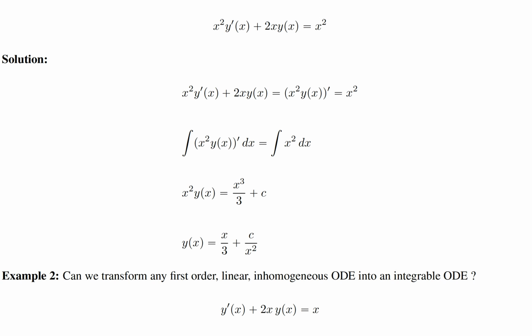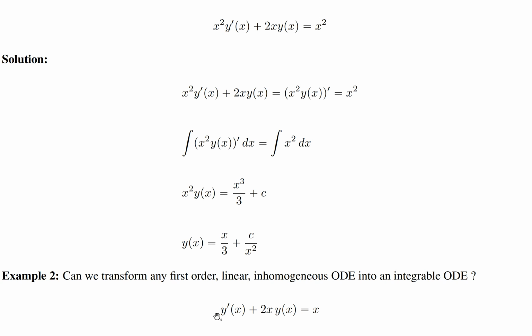So one way to transform my ODE into an integrable one is to multiply it by some function of x. So the goal is to multiply this ODE by some function of x where this function of x should satisfy the following.